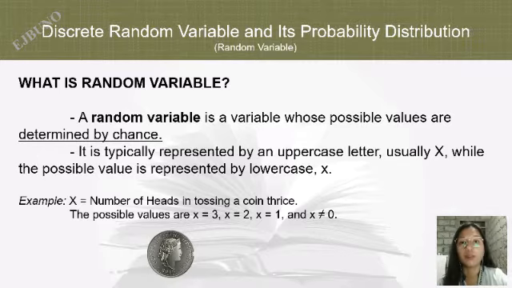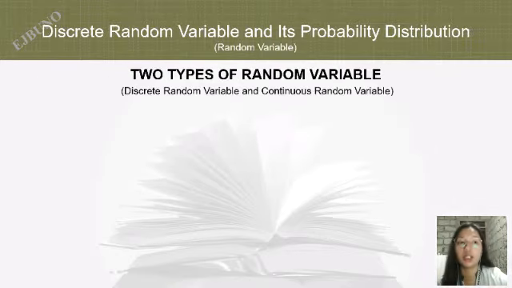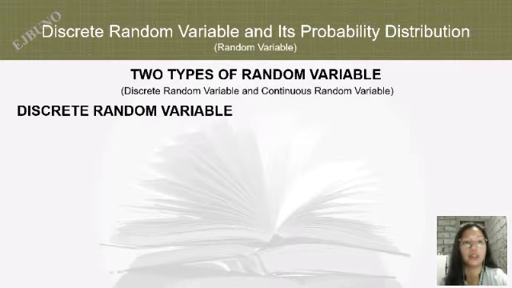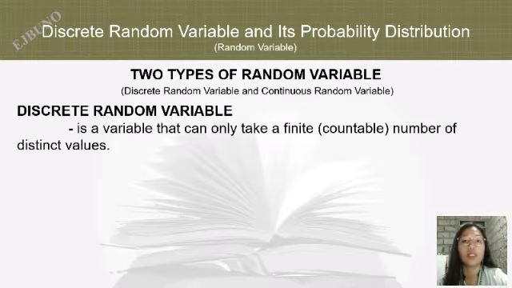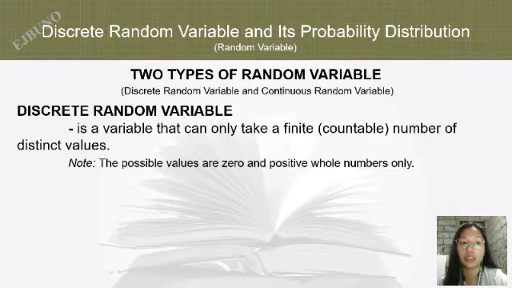Random variables have two types: discrete random variables and continuous random variables. A discrete random variable is a variable that can only take a finite or countable number of distinct values. Kaya pa itong bilangin. Note, the possible values are 0 and positive whole numbers only.